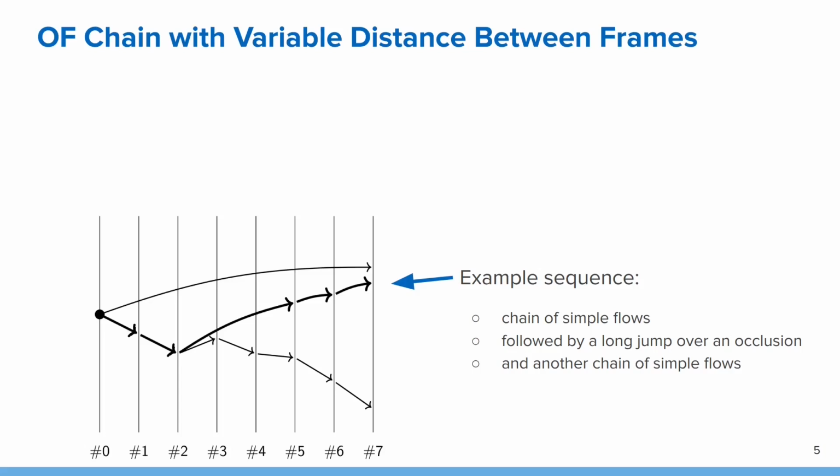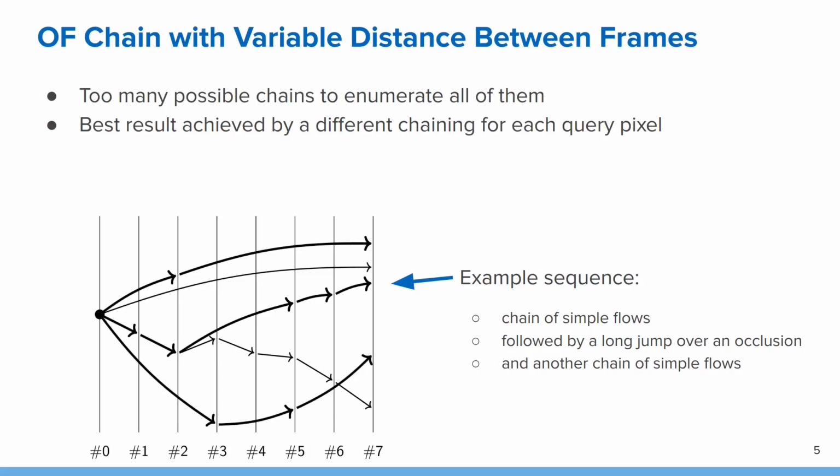This chain could be a good choice, for example, when there's a short-term occlusion on frames 3 and 4, or other conditions that would cause optical flow inaccuracy on those frames. There are other options, like these 2 examples. The number of possible chains grows fast with the increasing number of frames in the video. Note that the best tracking result could be achieved using a different chaining scheme for each query point.